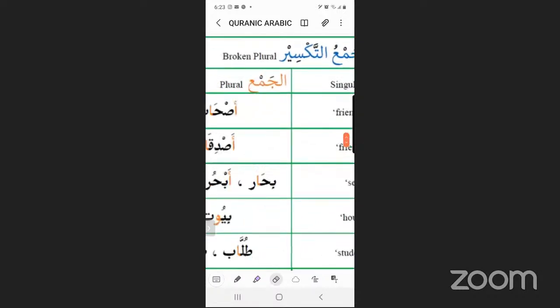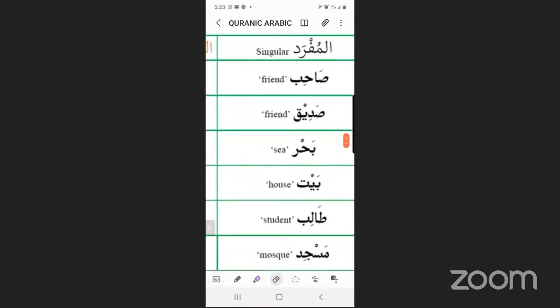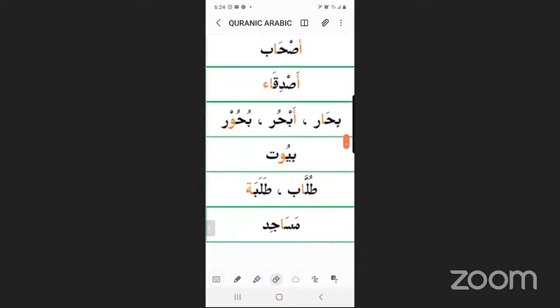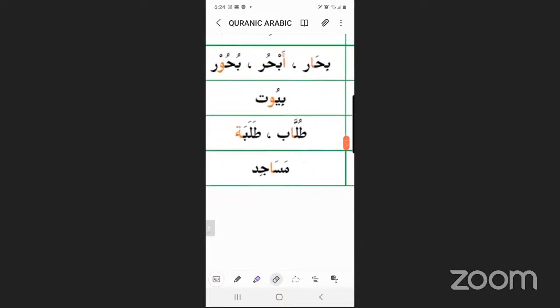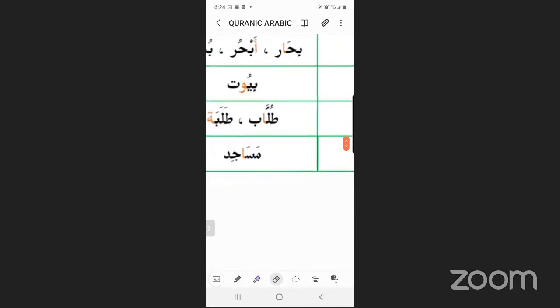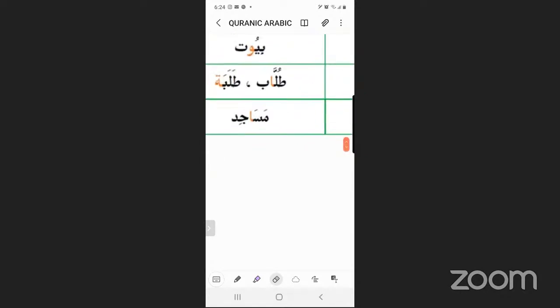Sadiq is a friend, asdiqa is the plural, so sadiq was broken to make asdiqa. That's why it's a broken plural. Bahr, sea, plural buhur, bihar. Bayt means house, buyut means houses, and bayt has to be cut down to make buyut, so it's a broken plural.